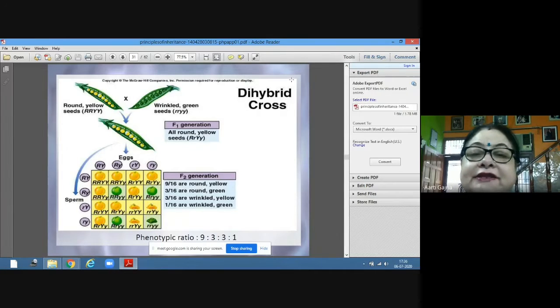That is his result in monohybrid cross. Now when he did this dihybrid cross, he took two characteristics, round and yellow, both dominant in one parent, and wrinkle and green, both recessive in another parent. When he crossed them, the result was all were round and yellow. Same result as monohybrid cross, all dominant.